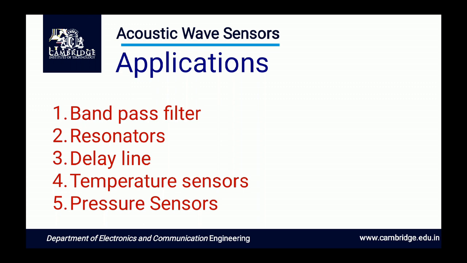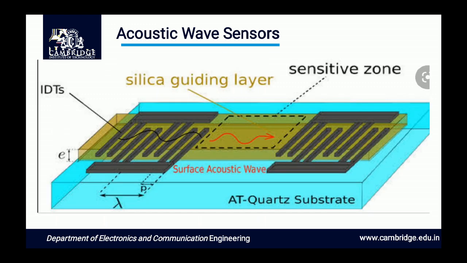Apart from these applications, with a minute change in the delay line, you can make it function as chemical sensors, biosensors, UV detectors, and further. One such example is shown here, acting as a chemical sensor.